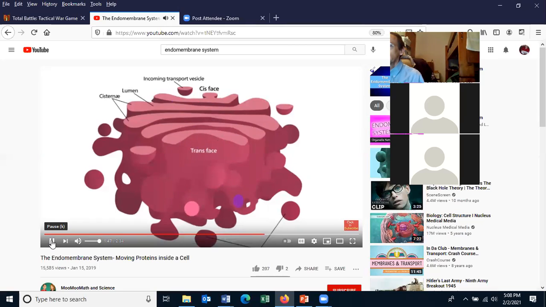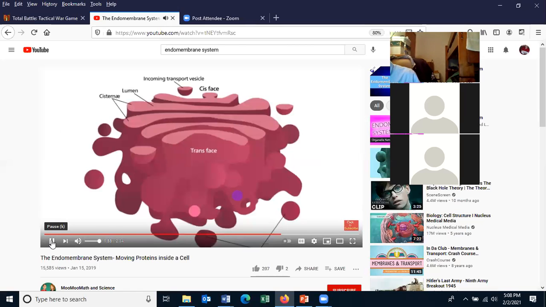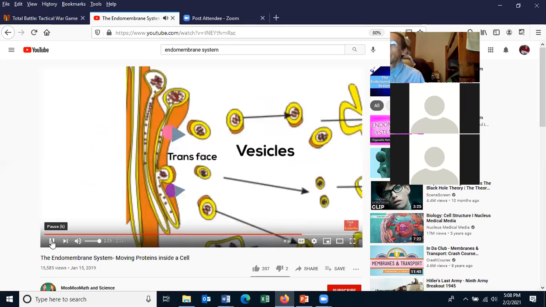The most frequent modification is the addition of short chains of sugar molecules. These newly modified proteins and lipids are then tagged. These tags help the proteins arrive at their proper destinations. Finally, the modified and tagged proteins are packaged into vesicles that leave the trans face of the Golgi apparatus.